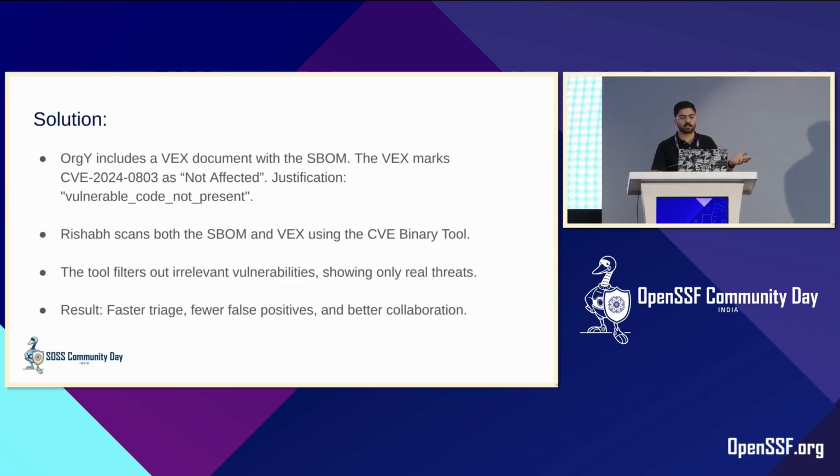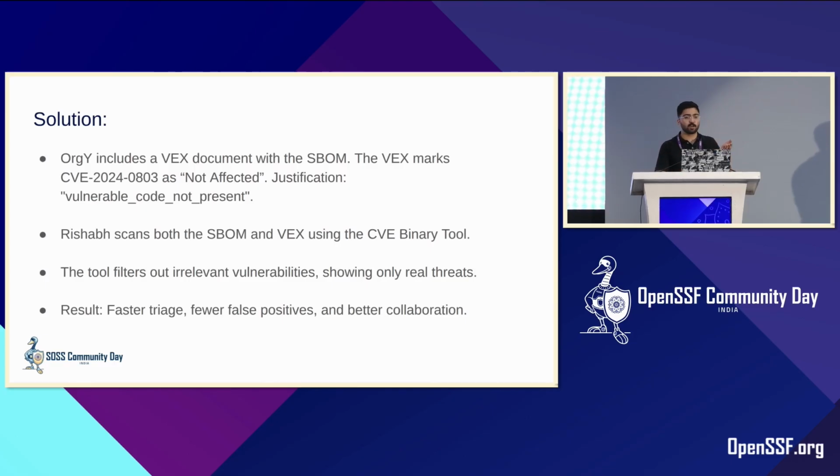So what's the solution? A simple solution would be that the organization includes a VEX document. I'll come back to what a VEX document is. For now, they'll include a VEX document with the SBOM, and the VEX document will mark that particular vulnerability as not affected, and they'll provide a justification that the vulnerable code is not present in the actual product.